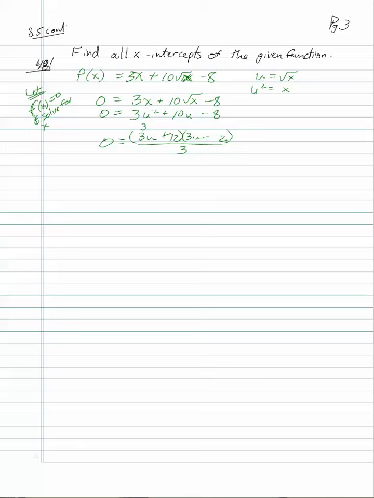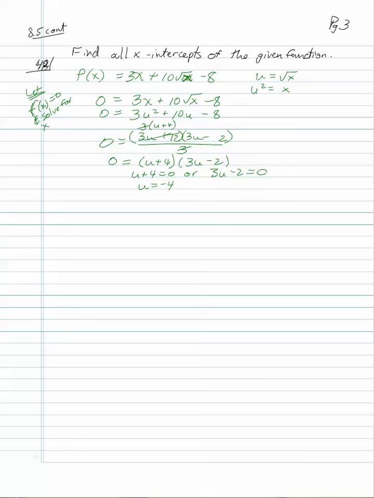It's really scratch work. Okay, so 3 comes out of the 3 and 12, leaves us u plus 4, 3u minus 2, and we get u plus 4 equals 0, or 3u minus 2 equals 0.